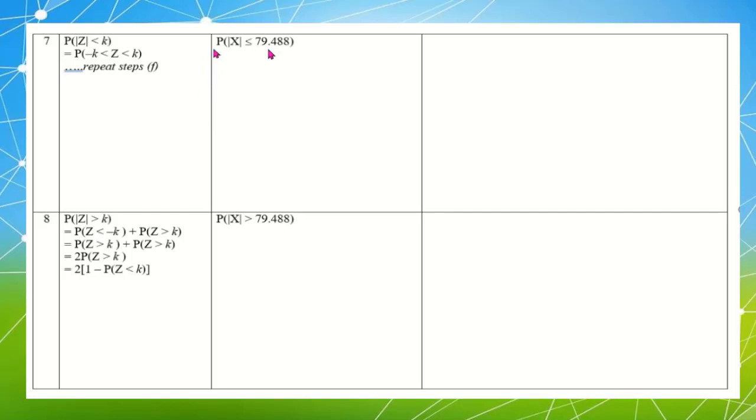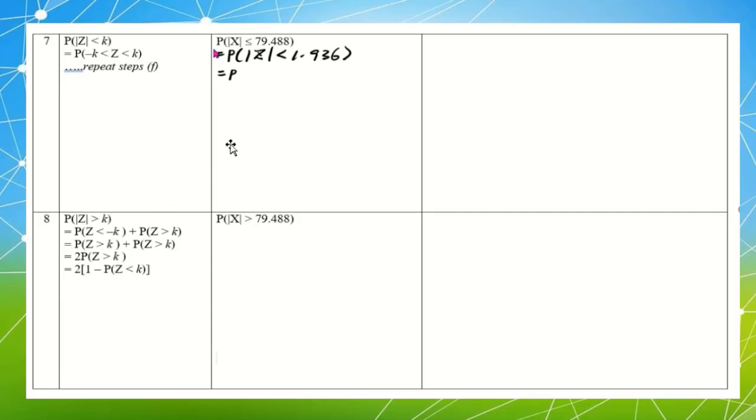Now number 7. Now I want to find the probability of modulus x less than 79.488. Same thing, I change x into z and I get modulus z less than 1.936. Before I can continue, I need to clear the modulus sign.